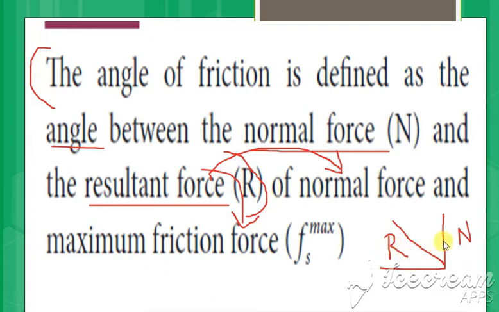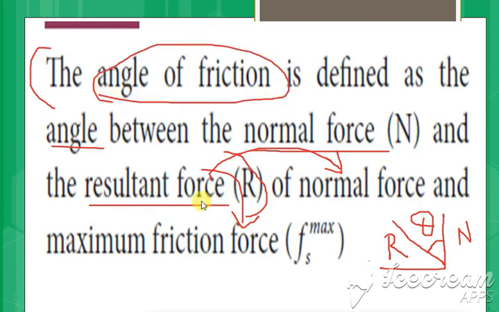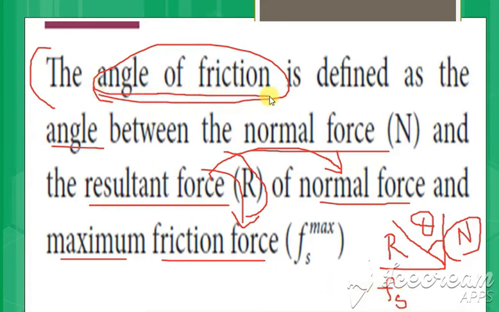The angle between these two is the angle of friction. Then, the resultant force is between which forces? Normal force and the maximum frictional force. So it is a resultant between the normal force and the maximum frictional force, and this is said to be the angle of friction.